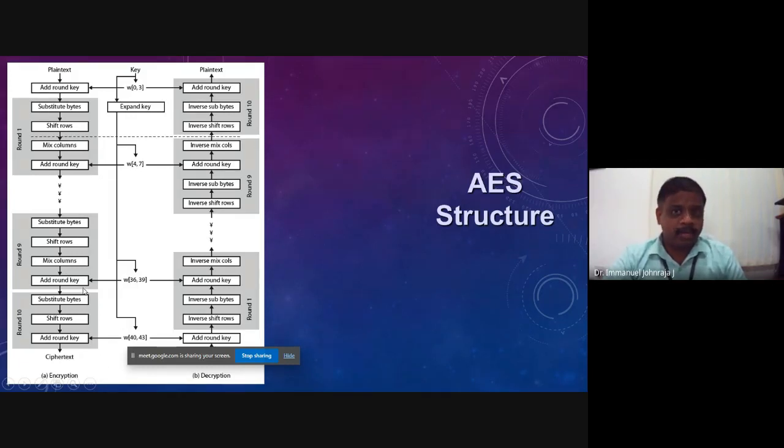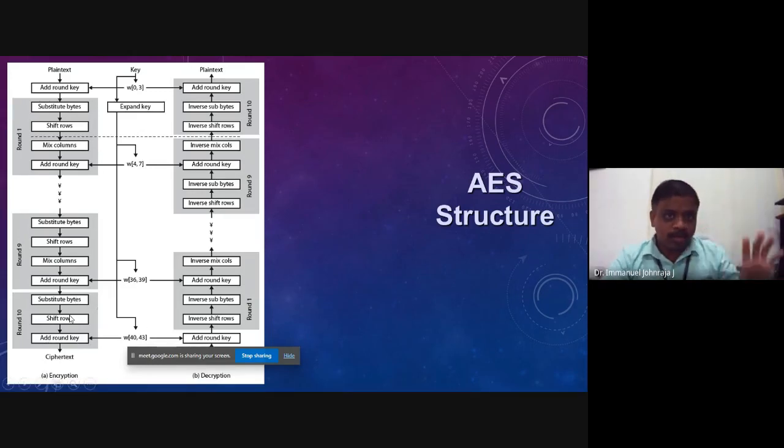So you go for 9 rounds in the same way. The same operations are carried out, but with different keys. But if you come to the 10th round, you can see one of these operations is missing. Which is missing? You got the substitute byte, you got shift rows, but mix columns is not there. So please remember, in the 10th round, mix columns is not available. And then you got the ciphertext.